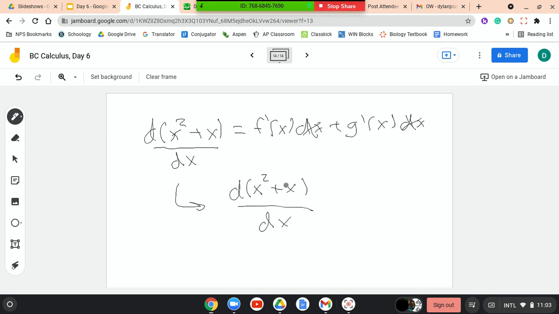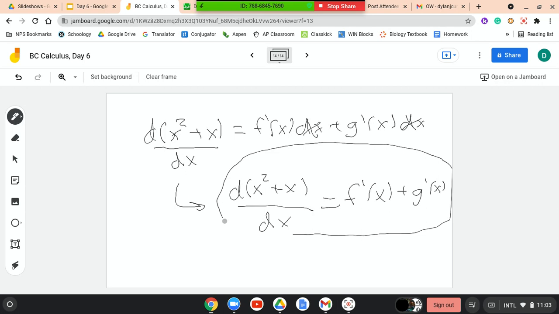Perfect. All right. So we have an equation that tells us the derivative of this is equal to the derivative of x squared plus the derivative of x. So we just showed mathematically how the derivative of this plus this is equal to the derivative of this plus the derivative of this.